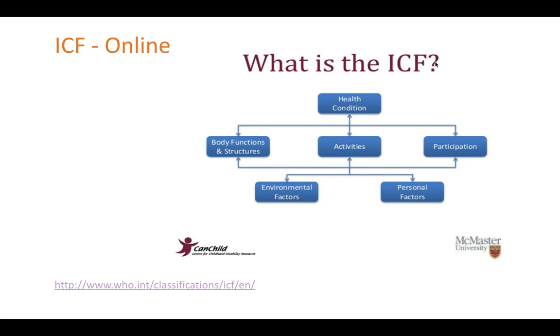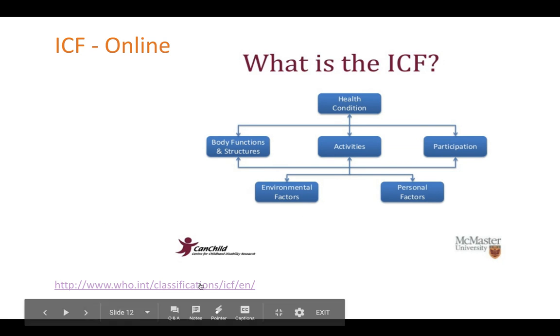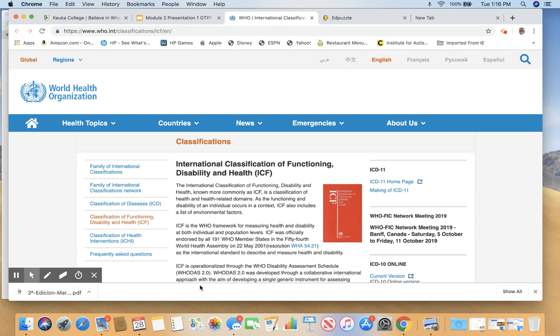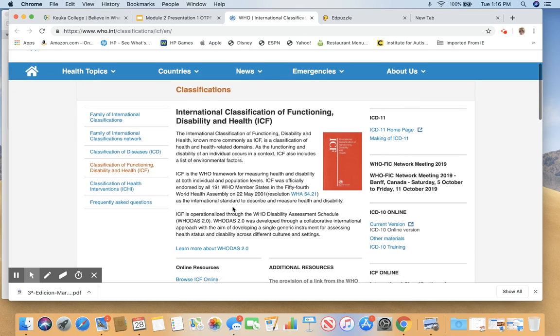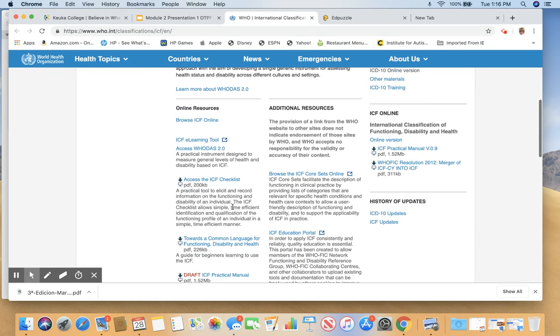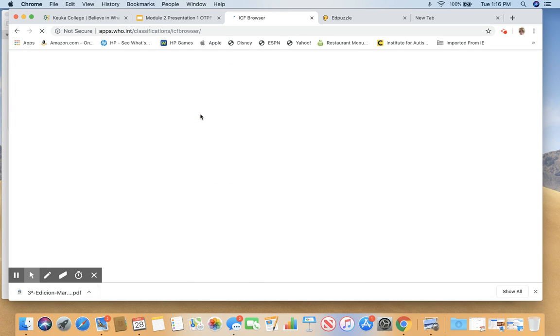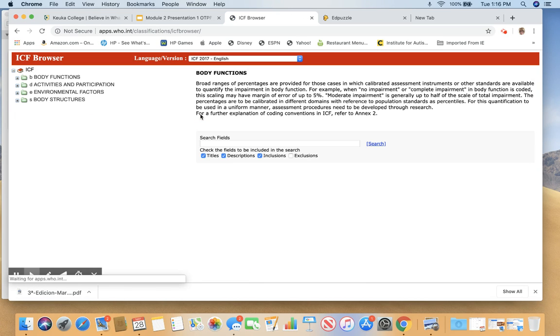So what is the ICF? If you look here at our International Classification of Function, it talks about what happens when you're looking at disability and health. You can browse online to find different disabilities, and this is how things are described.